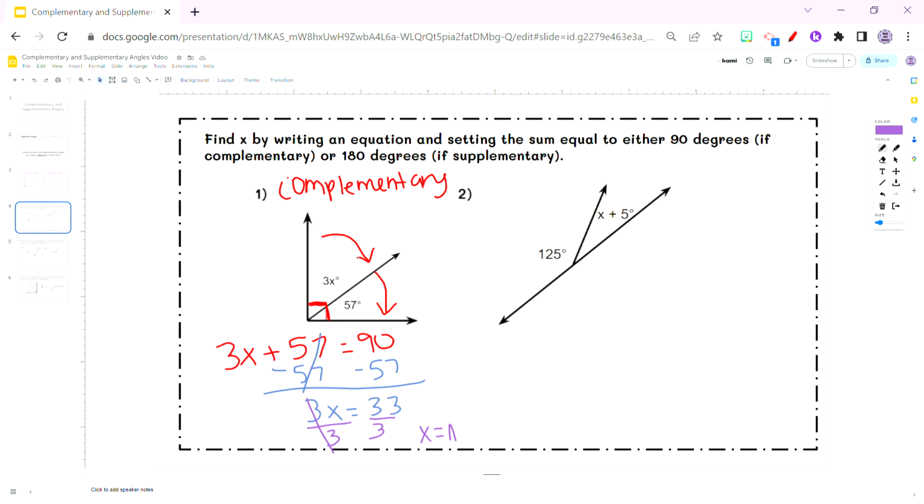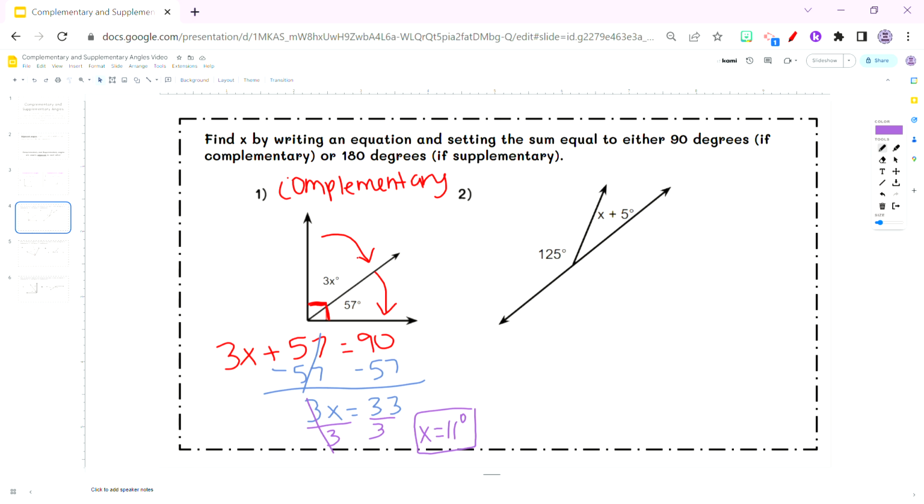X is equal to 11 degrees. All right, so now that you know what x is, you could find the value of that angle by just multiplying 3 times x, or 3 times 11, to get 33 degrees. But in this case, the question was just asking you to find the value of x, so that's what we did.